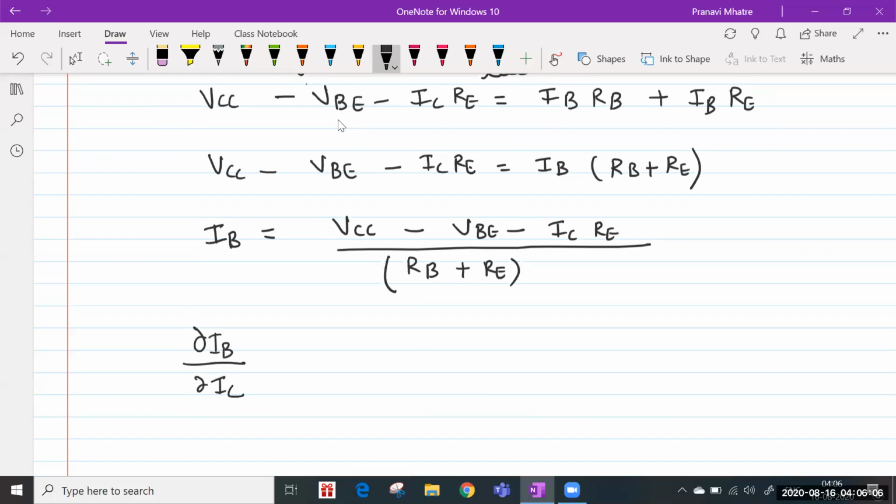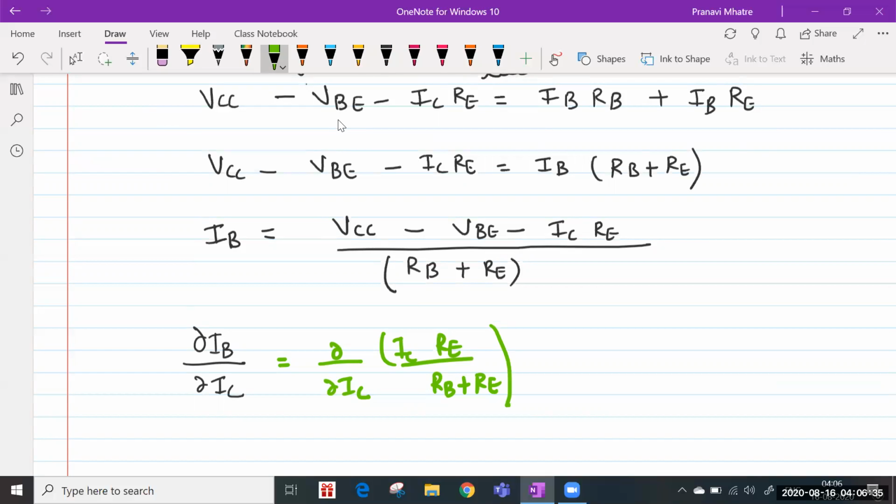So here we can see that my VCC is constant, my derivative will be 0. VBE is constant, my derivative will be 0. Derivative of IC with respect to IC will be 1. So I'll get dou by dou IC of RE upon RB plus RE.